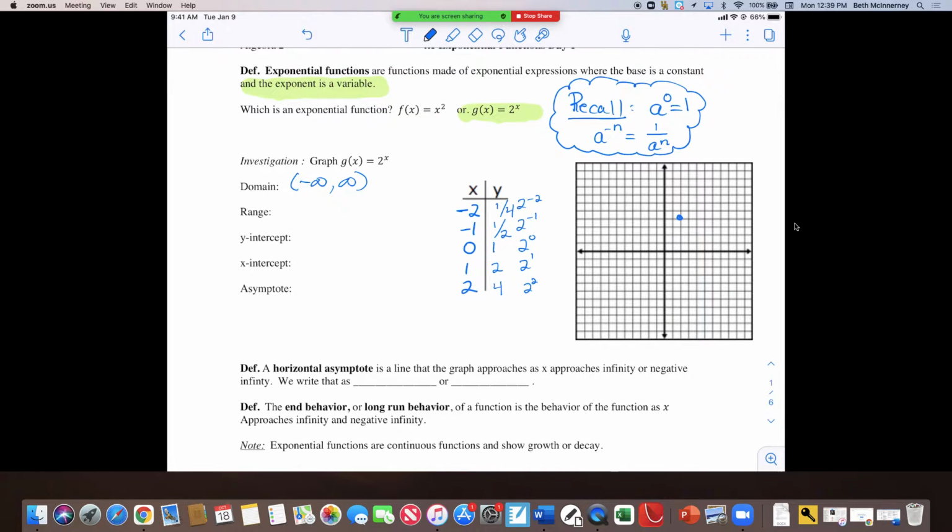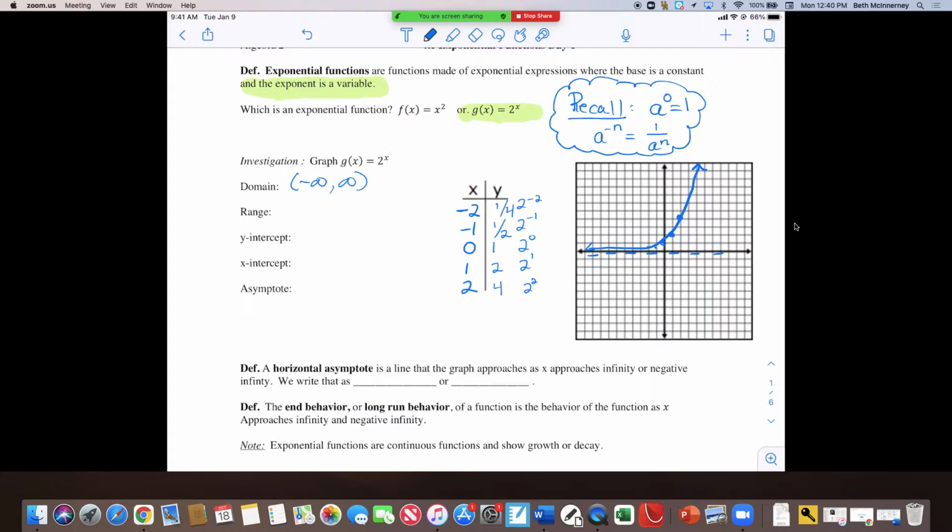Here's 2, 4, 1, 2, 0, 1. And if you remember from Algebra 1, an exponential function gets closer and closer to the x-axis but doesn't touch it. And that leads me to a definition I have below called a horizontal asymptote.